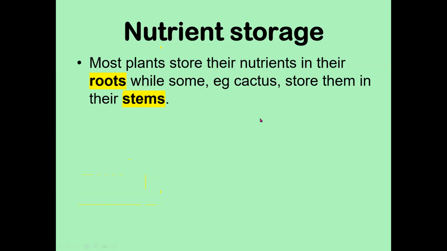So how do we store the nutrients that we produce? How does the plant store what it produces? Most of it is stored in the roots. Some of them store them in their stems, like the cactus.